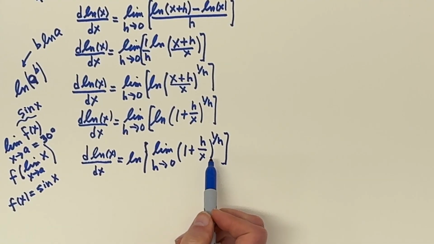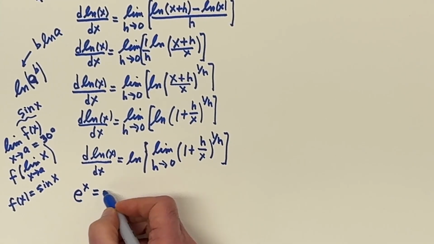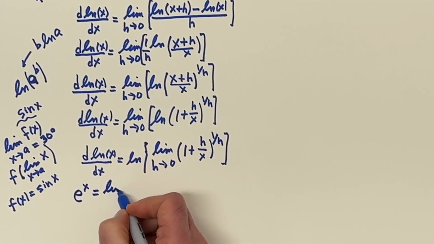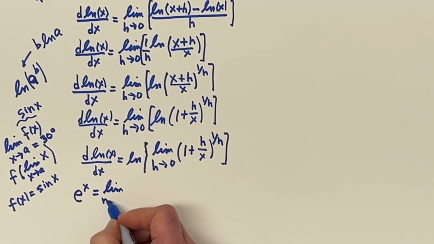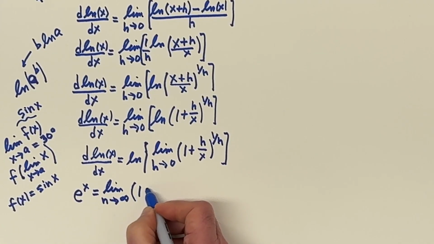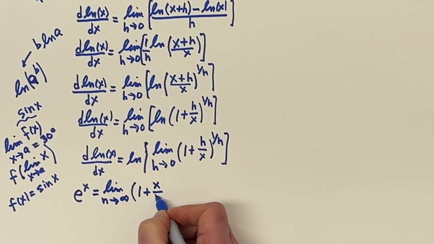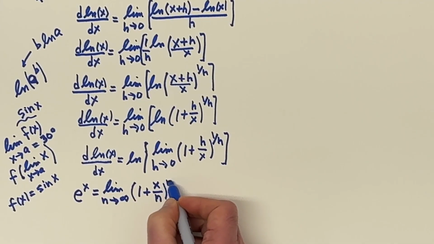Now I'm going to make a couple of substitutions here, because I know that e to the x is equal to the limit as n goes to infinity of 1 plus x over n to the nth power.